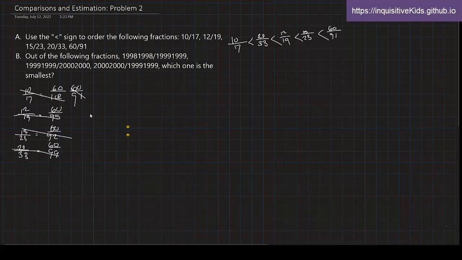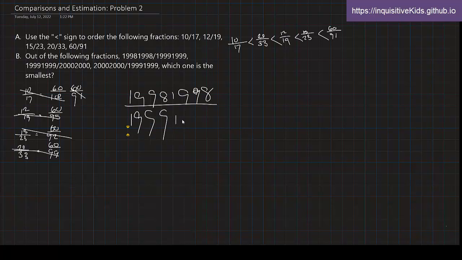Problem B. Out of the following fractions, and you see huge numbers, which one is the smallest? So, as you can see, this is really just 1998 over 1998. Seems like a year. And over here it's 1999 over 1999.